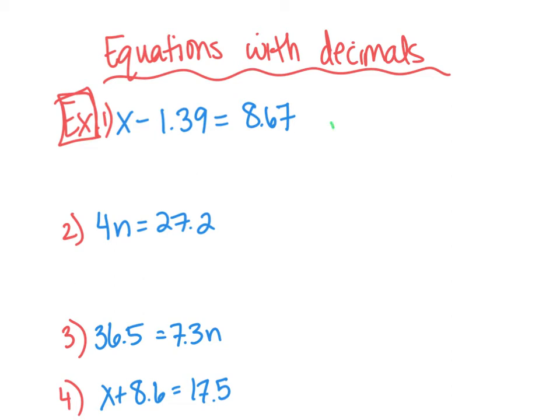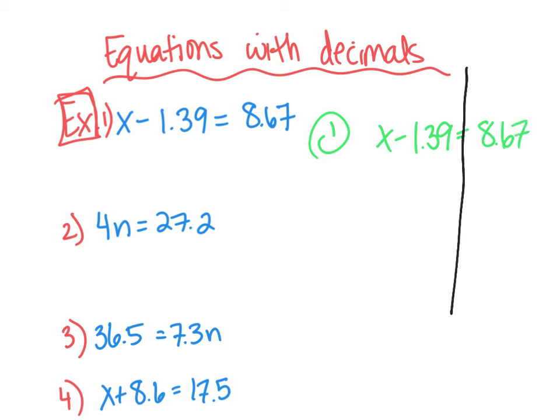Okay, number 1. So x minus 1.39 is equal to 8.67. So again, I need to use the opposite or the inverse because my goal is to isolate x. So I have a negative 1.39, so I need to add 1.39. That's 0, which is good. That leaves me with just x over here.